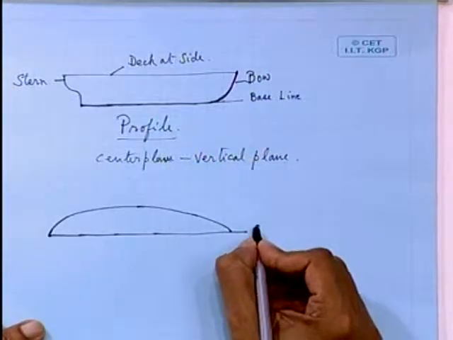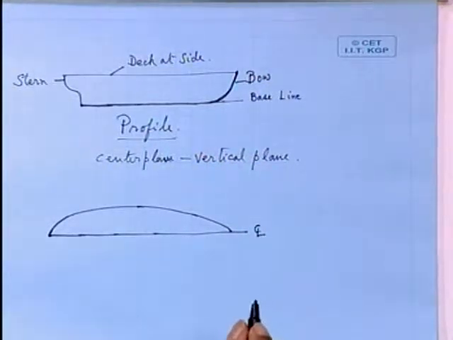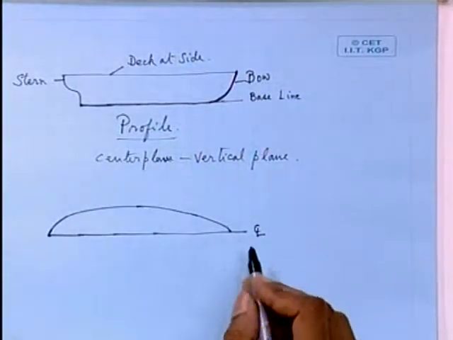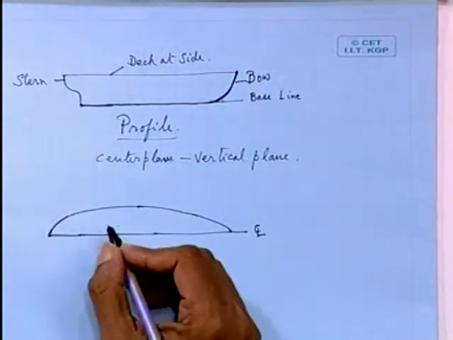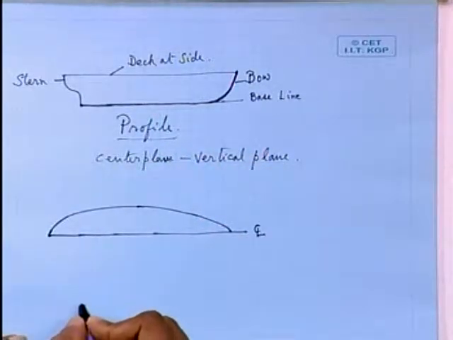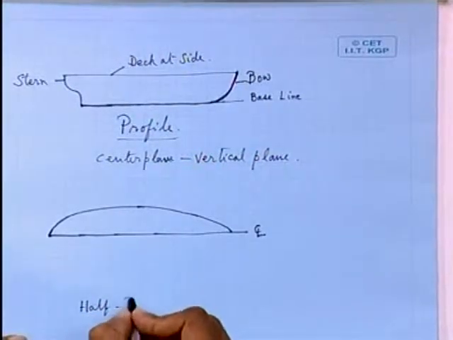So this again is going to be your center line. Your reference line is always going to be your center line, and you draw the breadth of the various water lines. That will be depicted in what is called the half breadth plan.